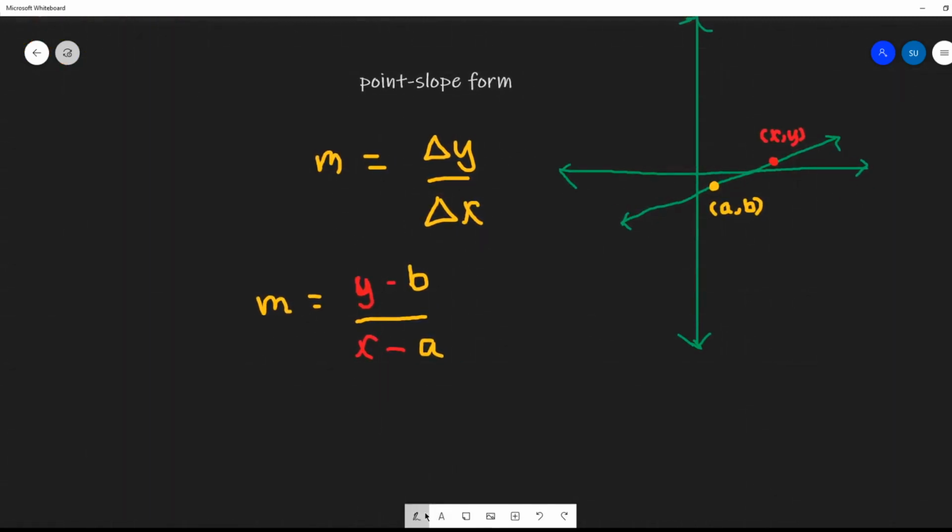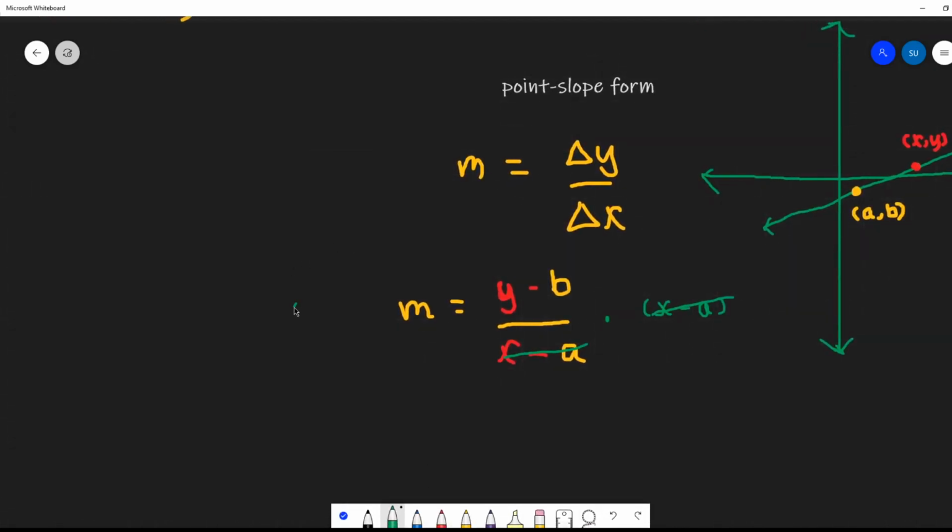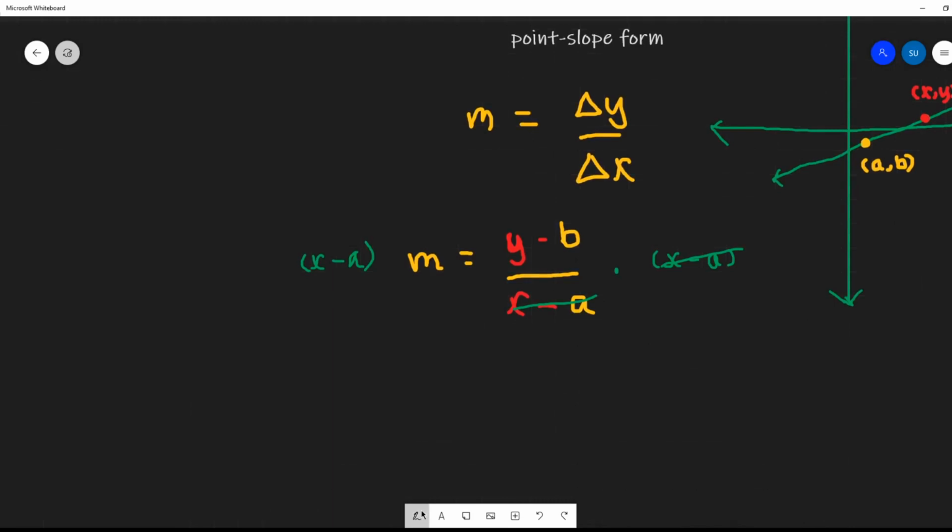And to do that, all you have to do is multiply each side by x minus a. So you get rid of it on this side in the denominator. And on this side, it's going to become the coefficient of m. Or m will become the coefficient of it.